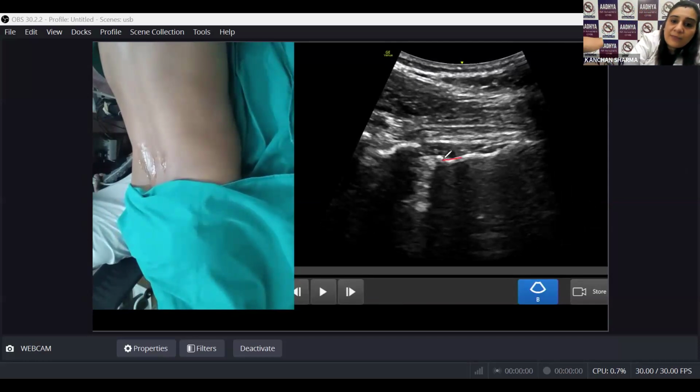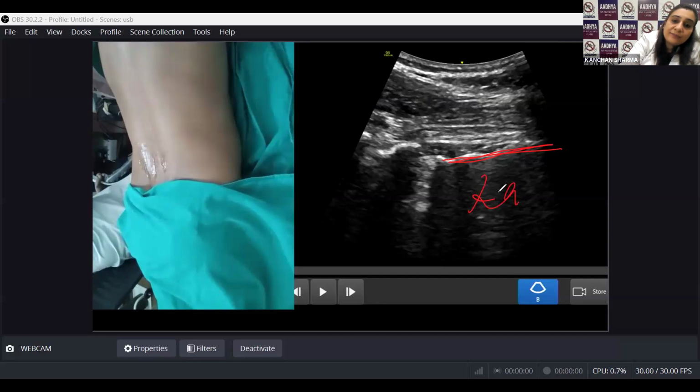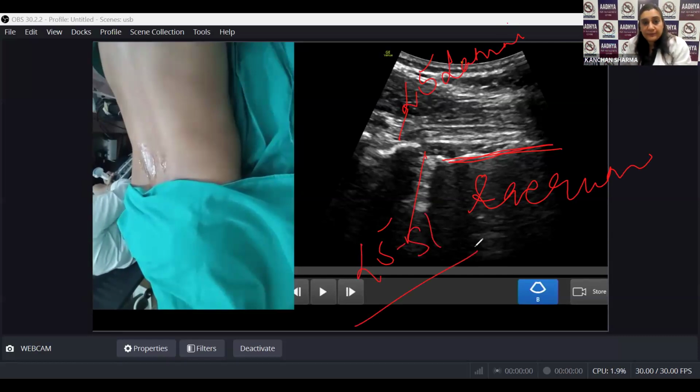Are you able to see something has come? What it could be? Anyone? This is sacrum. Okay. This is your L5 lamina. It means this is your L5S1 space. This is how you count.